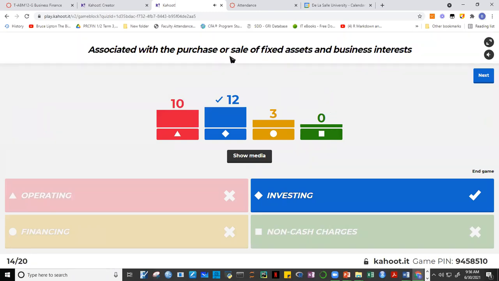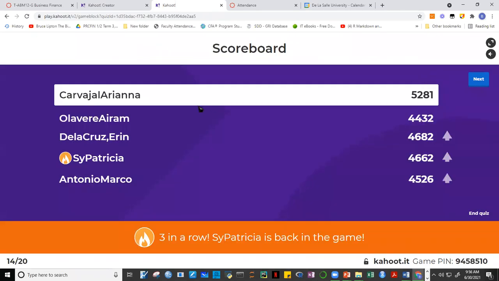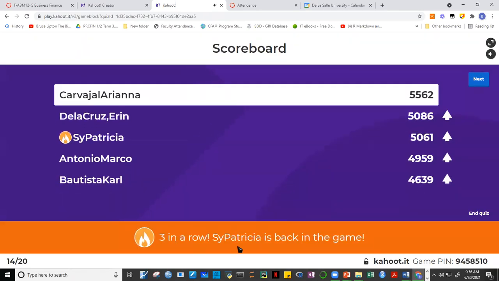Sabi ko kanina, any movement sa fixed asset, guys, investing yan. Any movement sa financing side, financing activities, any movement dun sa day-to-day activities, yung operations, operating flow yan. No? So 12 of you got it. So next. Okay, so si Patricia, 3 in a row. Okay, so si Ariana is still number 1.